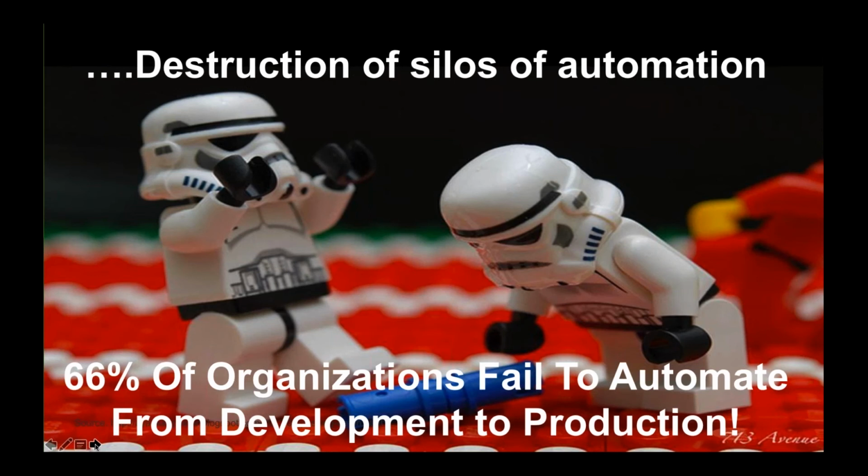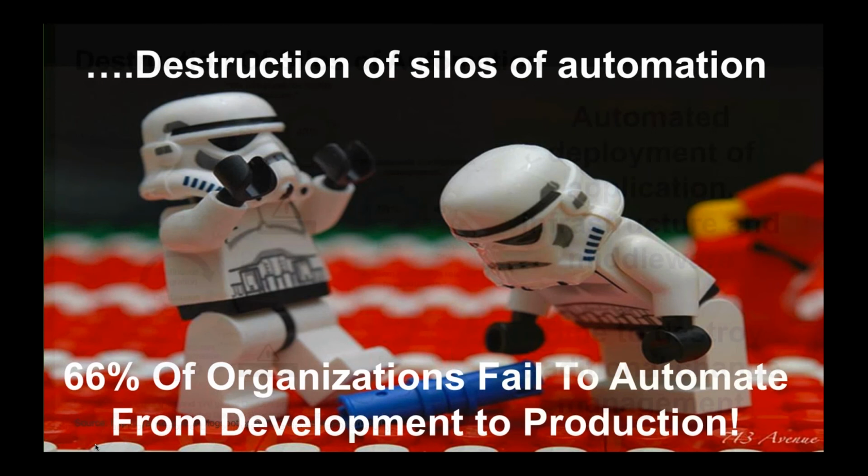And organizations are typically set up in organizational silos and constructs. And typically, what we've found in our research is that you've done a really good job at automating within your silo. And one of the challenges we see is that organizations fail to automate across the full and complete life cycle. And this is really one of those traps that we run into.